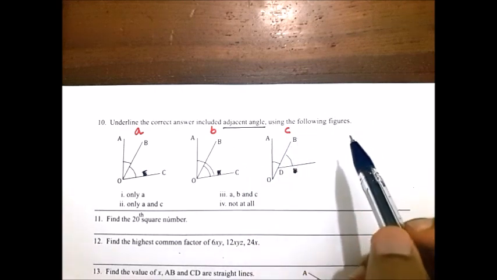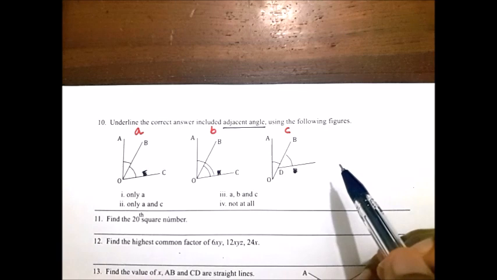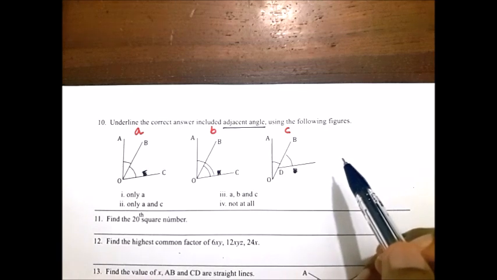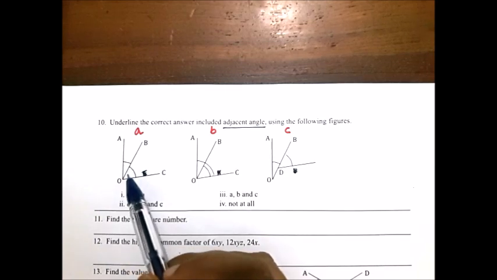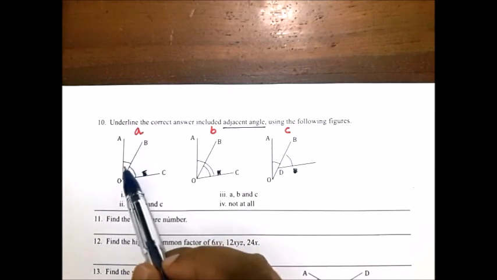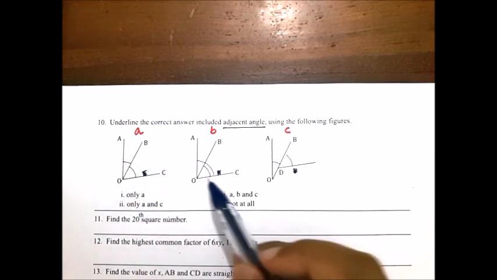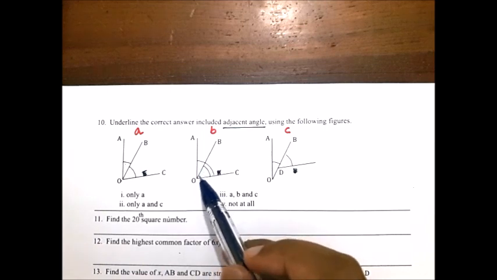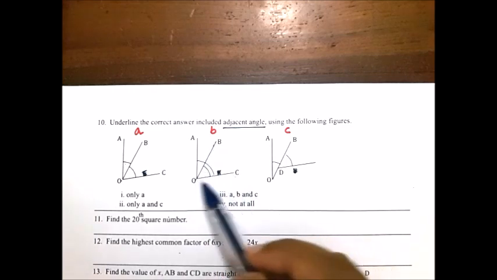It has a common arm and a common vertex, and the angles are located on either side of the common arm. Here, these two pairs of angles have a common arm and a common vertex, and the angles are located on either side of this common arm. Here, these two angles have a common arm and a common vertex, but the angles are not located on either side of the common arm.